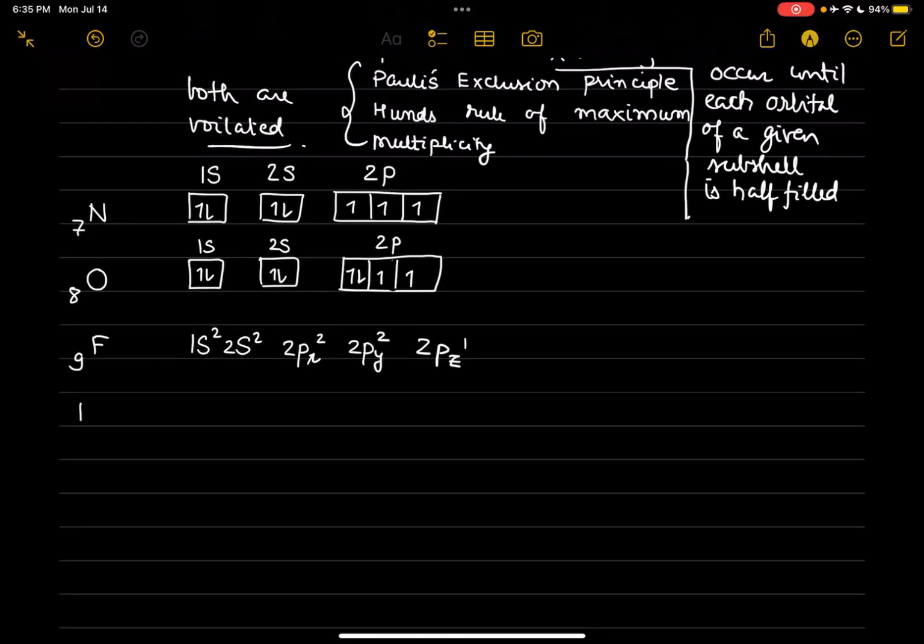Then neon, which is a very important landmark because it is a noble gas. It is a completely filled electronic configuration, and that is 1s, then 2s, and this. Because I have 10 electrons, all the 3 2p orbitals are filled.